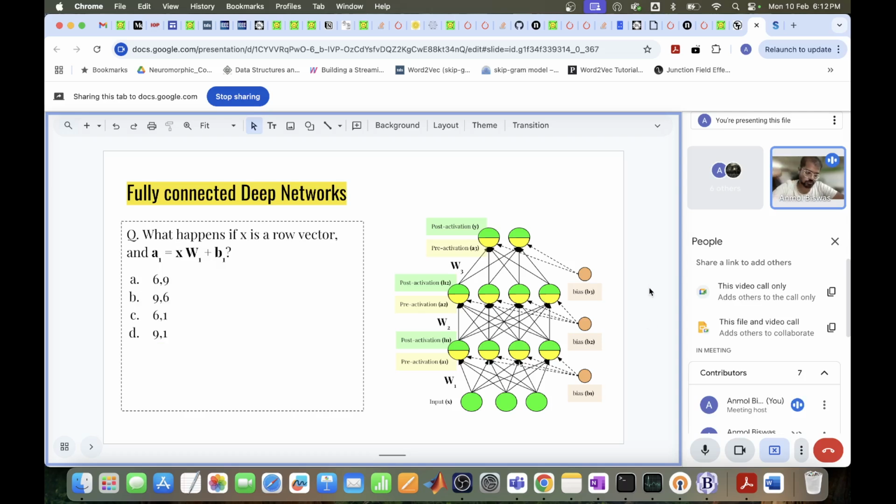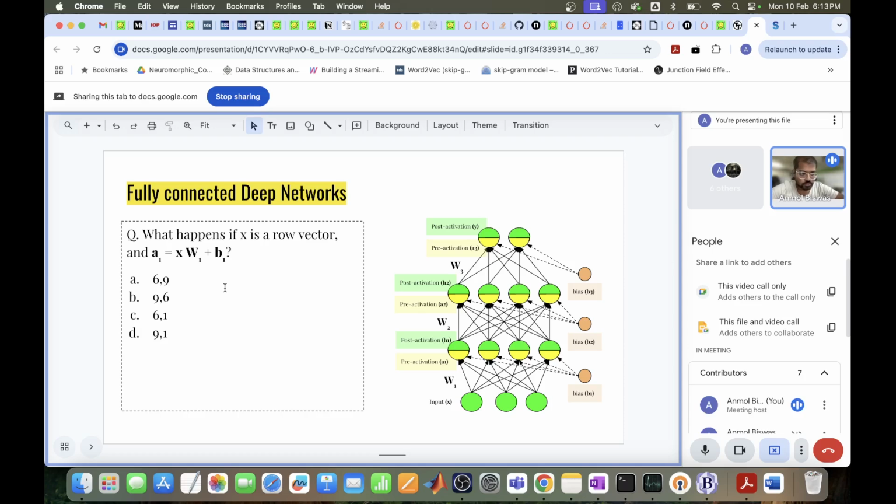Now we will flip this a little bit, and instead of considering column vectors, we'll consider the input and everything else as row vectors, which you can obviously do. It's entirely up to you to specify how you want to treat your vectors, right?